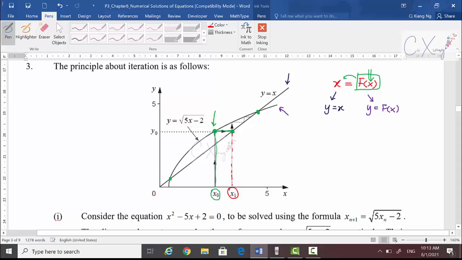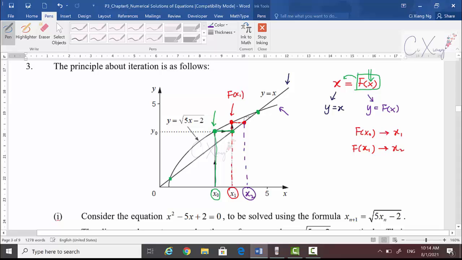So when you substitute x1 into the function f(x) again, you get f(x1), and you let it equals to the x. So this value of x, I assume that it is x2. Sorry, so this is x2.